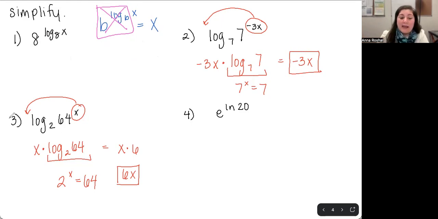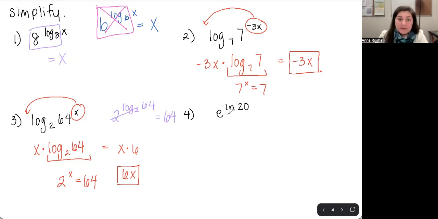Meaning, if I had 2 to the log base 2 of 64, my solution would just be 64. This would all go away. So in here, because my two bases are exactly the same, my solution is x. Okay.